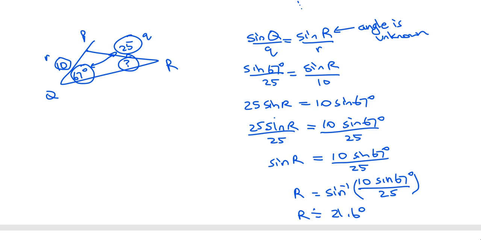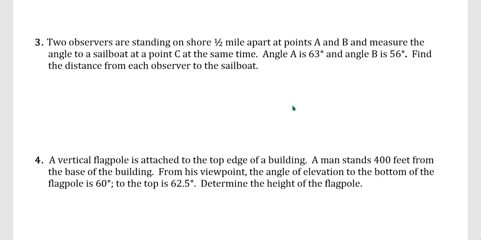Let's do a quick word problem. So let's do this question 3. 2 observers are standing on a shore half a mile apart at points A and B. So let's put 0.5 miles.